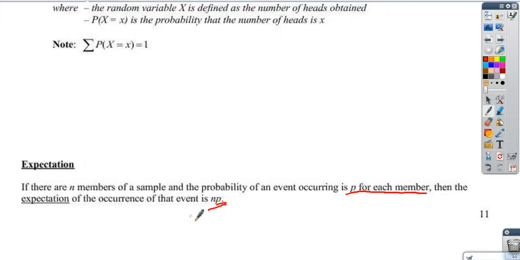I'll give you an example. This is if p stays the same for each event.